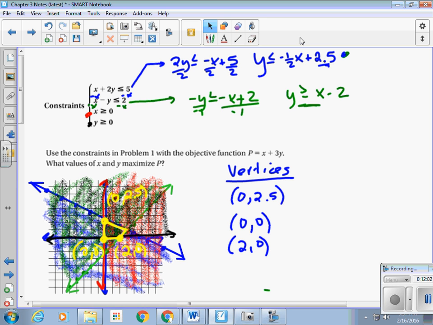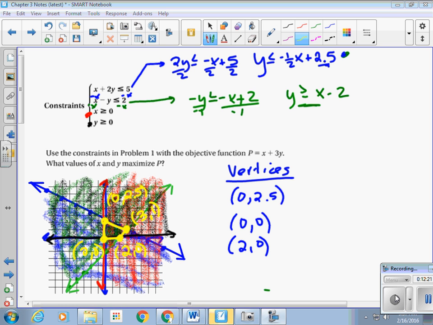And then our last one is here, where our blue line and our green line intersect. So this point looks like it is at 3, 1.